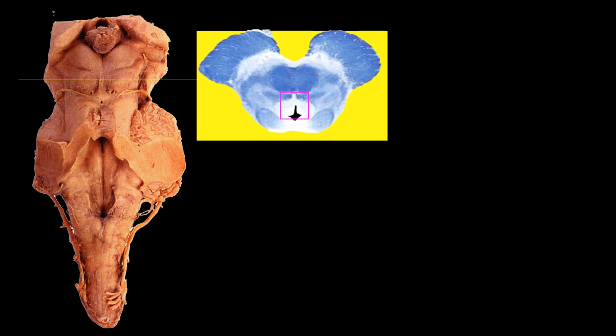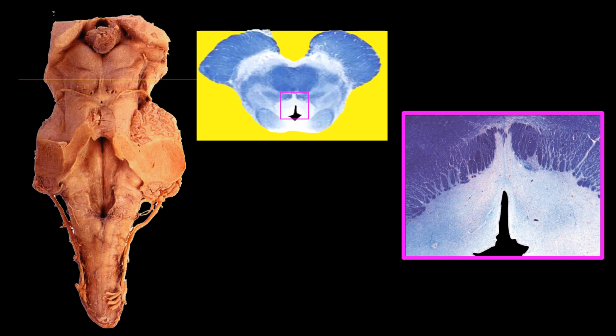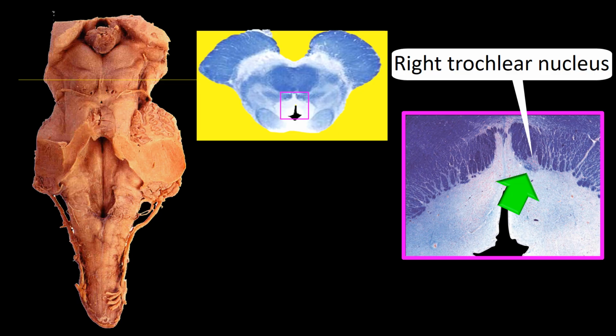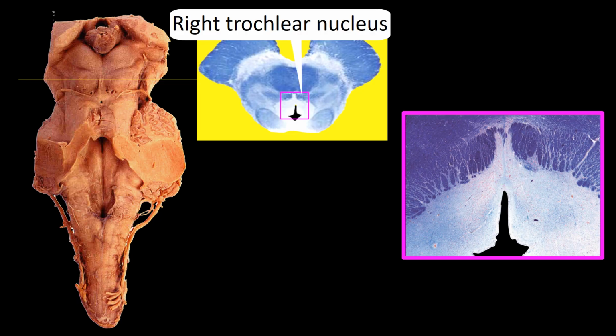I have now placed a square in the area of interest and enlarged the chosen region. I have done so in order to better see the right trochlear nucleus, which once identified in the larger figure can easily be recognized in the original figure.